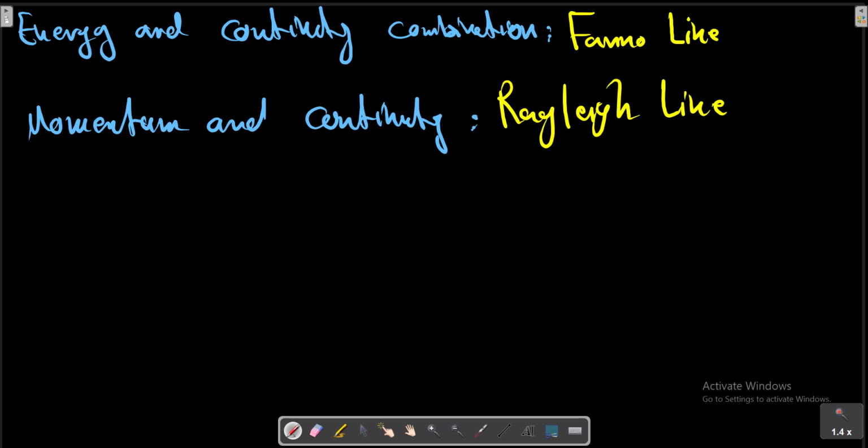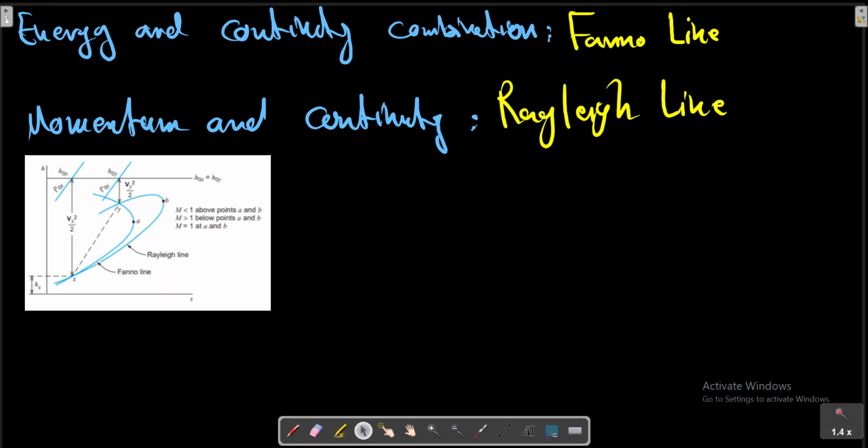Both of these lines, the Fanno and Rayleigh lines, are shown in this picture.